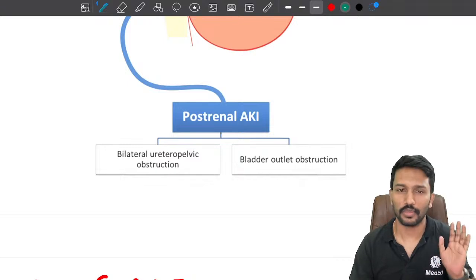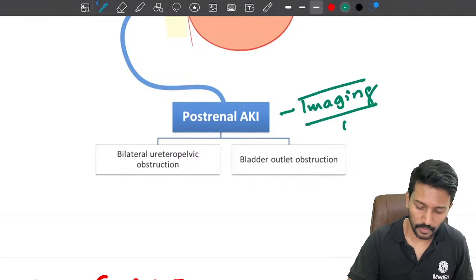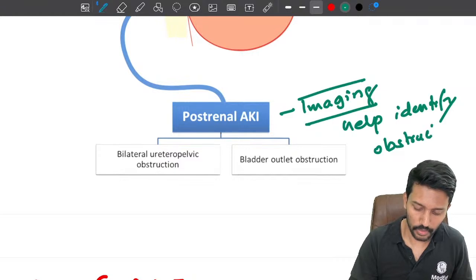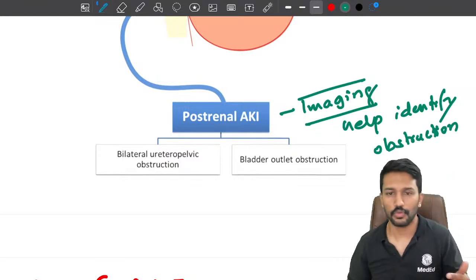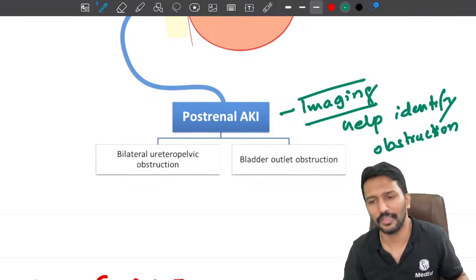The easiest to recognize is post-renal, right? Because imaging will help me identify the site of obstruction, right? So that is why whenever we have acute kidney injury, we get an ultrasound done. If ultrasound shows that there is a bladder outlet obstruction or ureteric obstruction or a pelvic obstruction, then I know, okay, it is a post-renal cause, right?